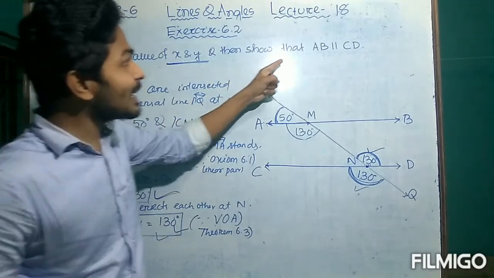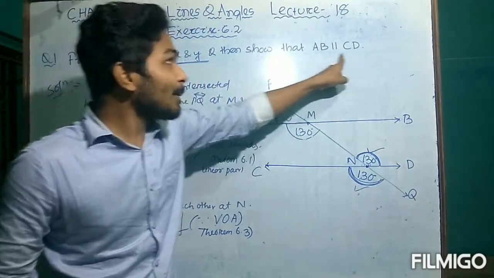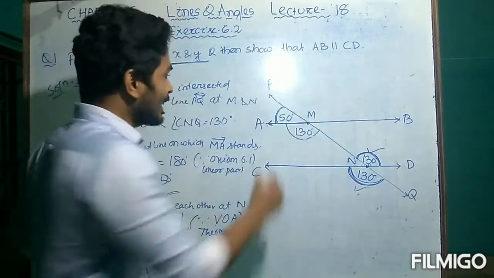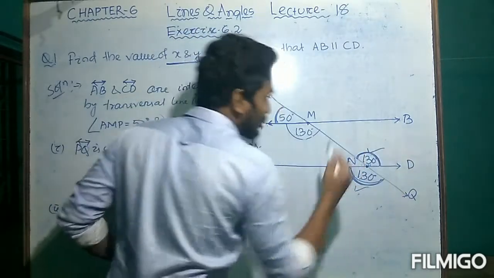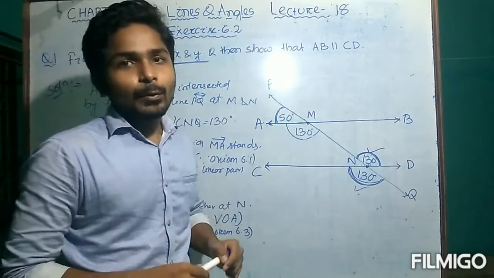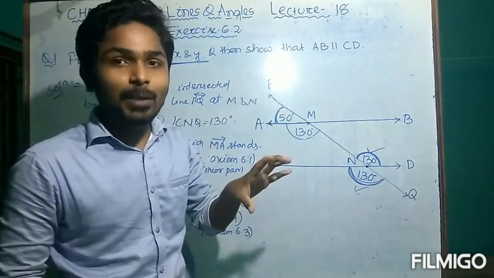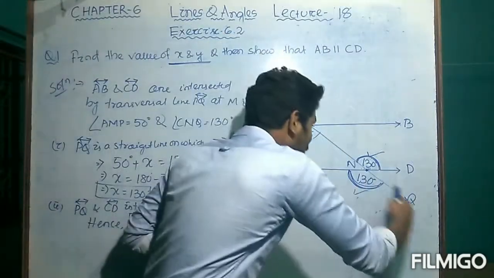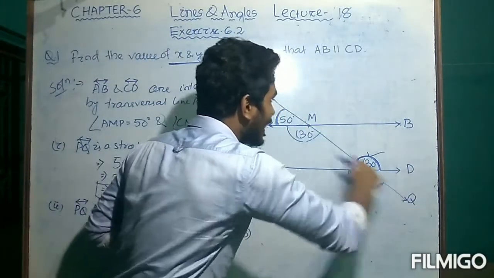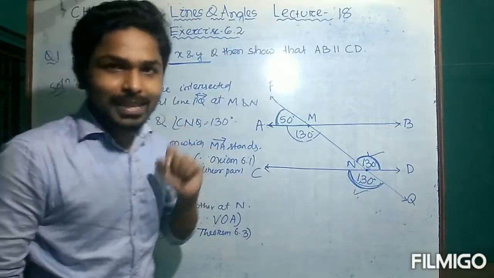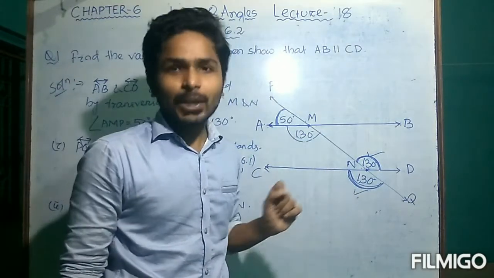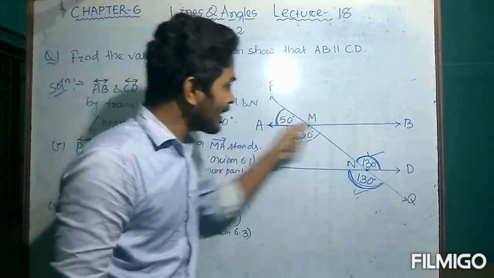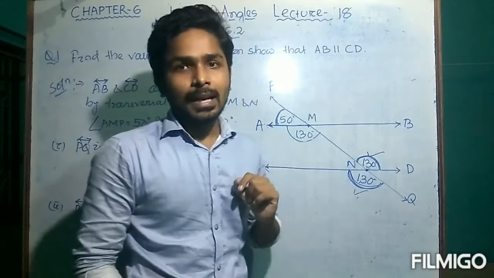Our next target is to prove that AB is parallel to CD. How can we prove it? We can prove it according to axiom number 6.4. According to axiom 6.4, if a transversal line intersects any two lines at two distinct points such that their corresponding angles are equal, then the two lines will be parallel.